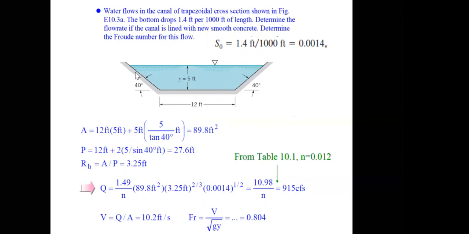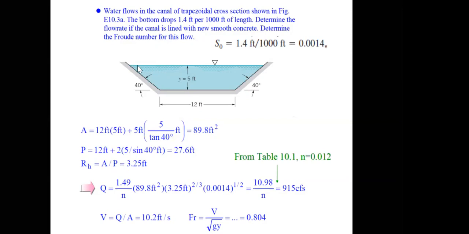is equal, the area of a trapezium is equal to the summation of the bases times the perpendicular height divided by 2. So we have, this is 12 feet, and this is the equation to get this line over here.